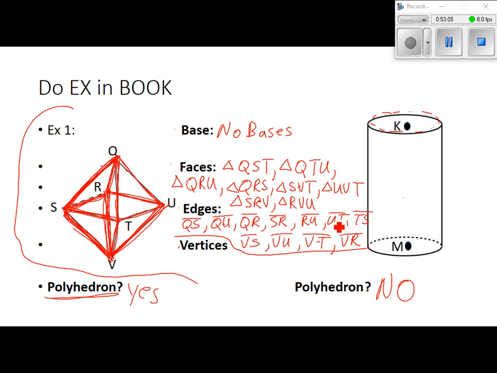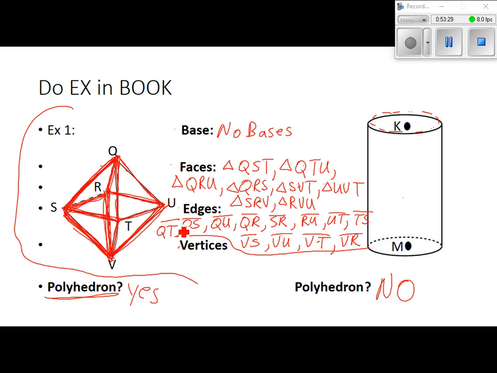I still missed one. Let's see, I got VS, VU, VT, VR. I got QS, QU, QR. I forgot QT. Segment QT.